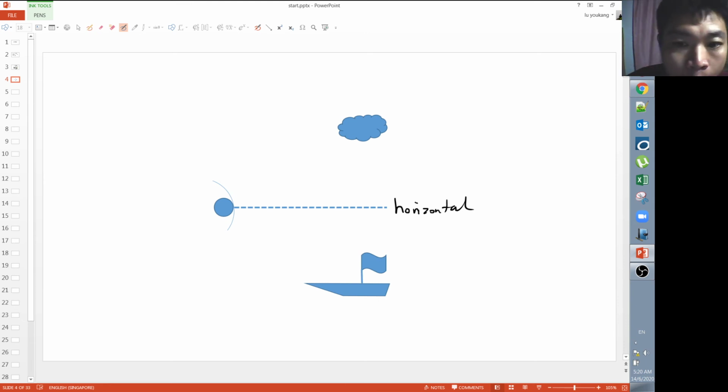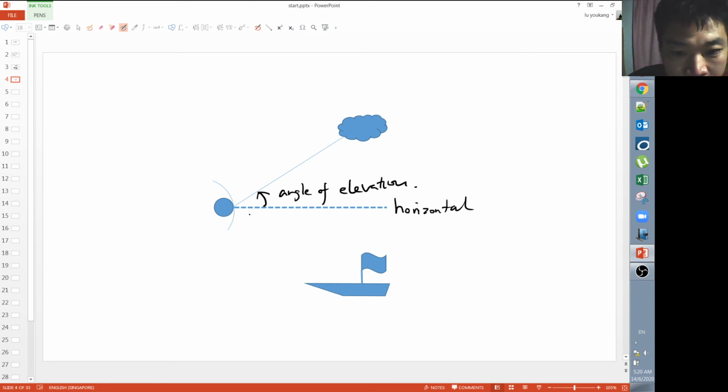If you want to go from this point to the cloud, this is your angle of elevation. Your angle of elevation is always from the horizontal upward.